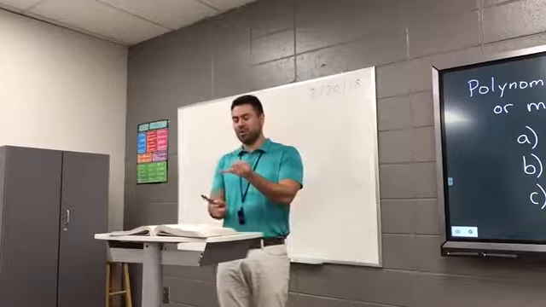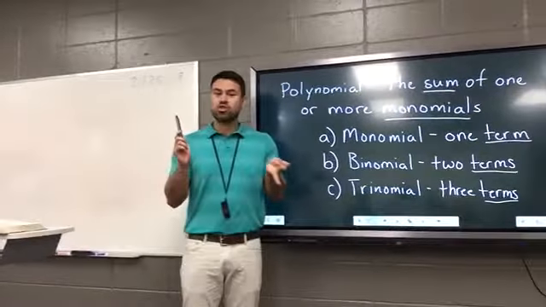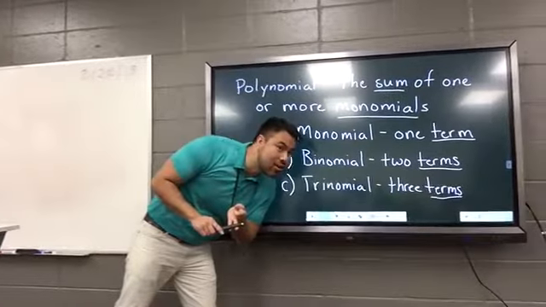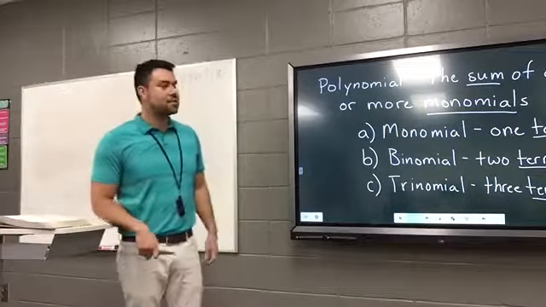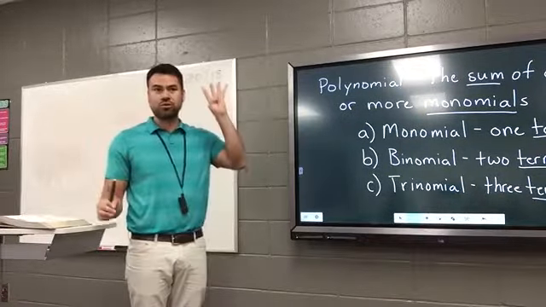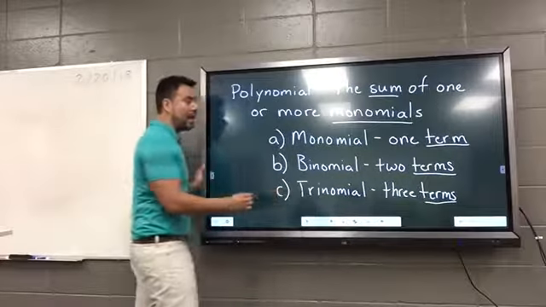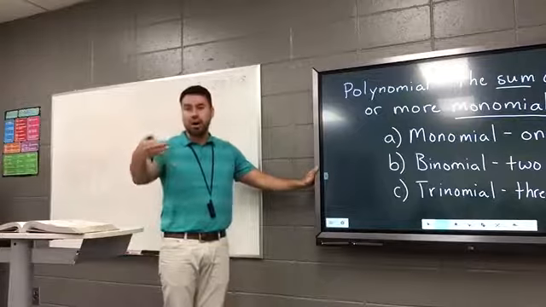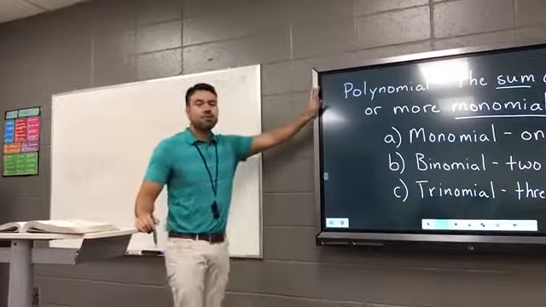You can call it a quadnomial or a tetranomial, which also stands for four, but the technical name is just a polynomial with four terms. So you have monomial, binomial, trinomial, and anything with four or more terms, just call it a polynomial.